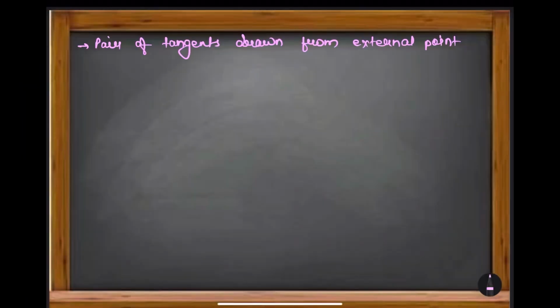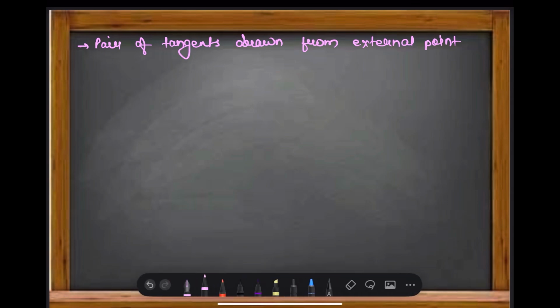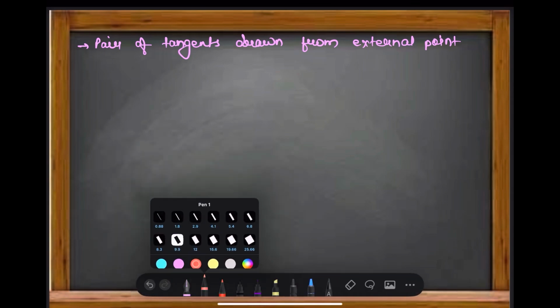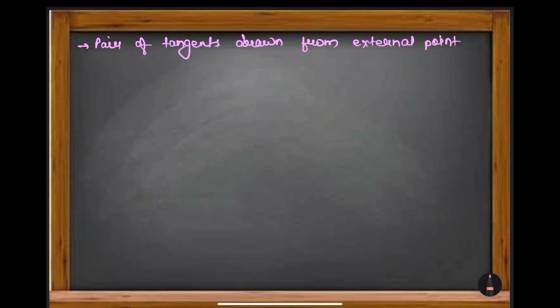Okay, so in this part, we will try to understand how to write down pair of tangents drawn from external point. We have already studied that if the point is on the curve, then we will have one tangent and you have to write down the equation of that tangent.